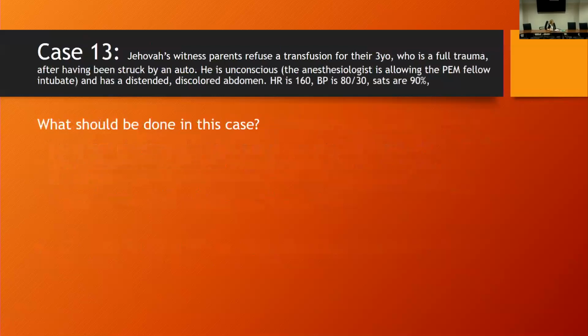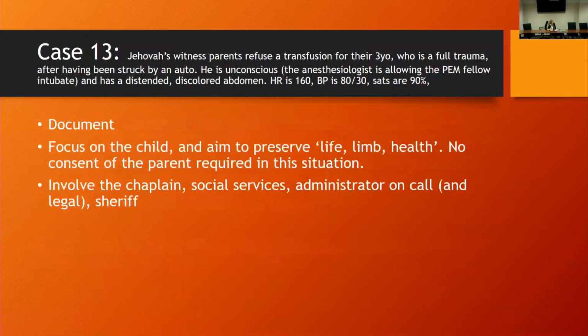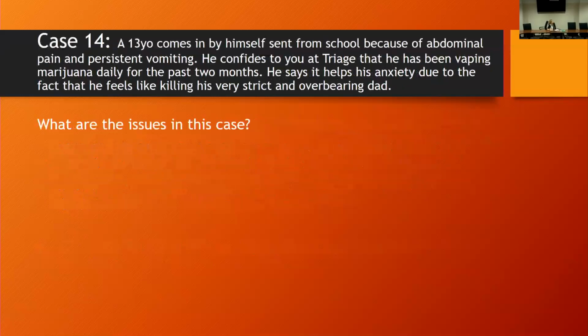But the kid who is a full trauma and he's unconscious and his belly is blowing up and he needs a transfusion, he's going to get a transfusion. It doesn't matter. You will try to respect them as much as possible, but my experience with this is the family is relieved that you take it away from them and you are the one that made the sin and not them.